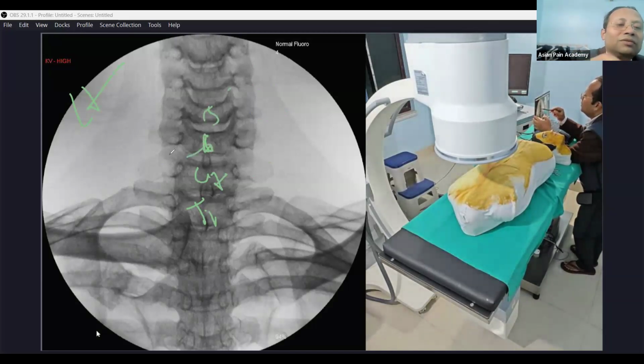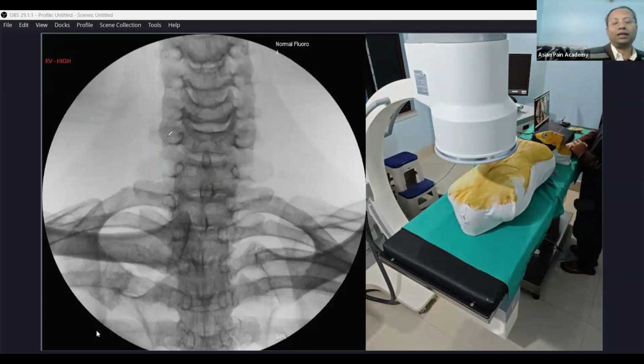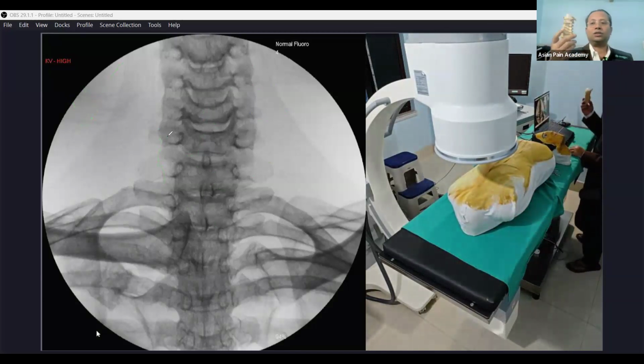So at the level of C6, I can enter from here, or a bit below. I will just touch the lamina here, and then I will count the level from the lateral side.